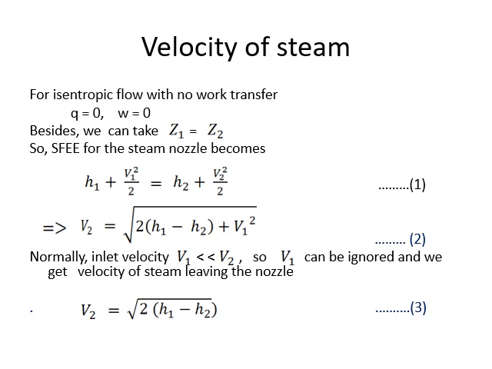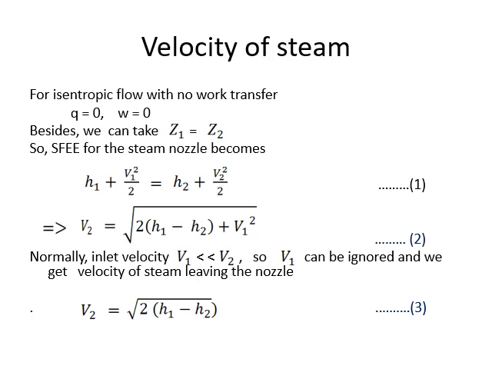So the steady flow energy equation for the steam nozzle becomes H1 plus V1 square upon 2 equal to H2 plus V2 square upon 2. This has been shown by equation 1. On simplifying, we can write V2 equal to square root of 2 into (H1 minus H2) plus V1 square. This is represented by equation 2.